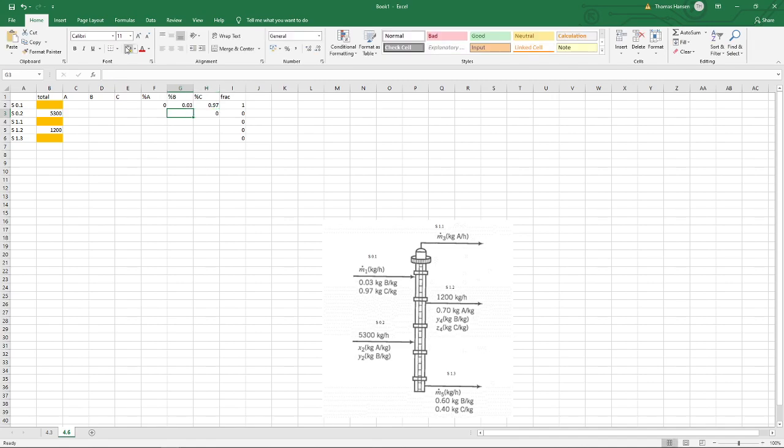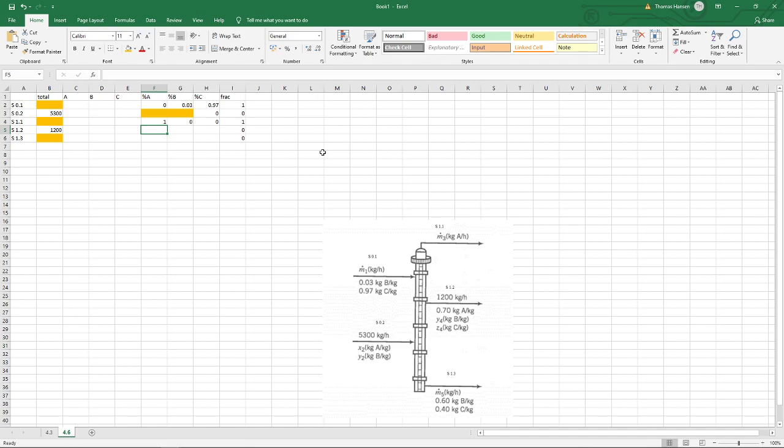So we know that one is 0, but the 2 others we actually don't know. In our composition in 1, 1, we actually know that it is pure A, so we can see that from the way they write it, where they say that M3 is measured not in kilograms per hour, but in kilograms A per hour. So we know that it's pure A in the top, therefore the other 2 are 0.